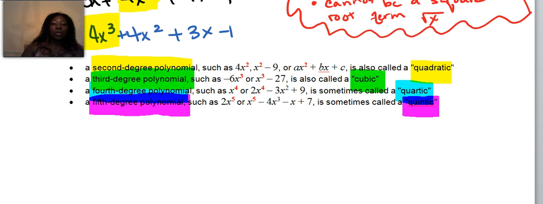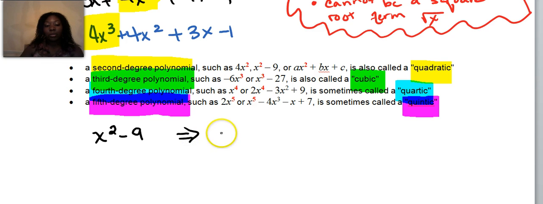All right, and let's learn these by number of terms. Let's start with two. A two-term polynomial, x squared minus 9, is a binomial. And more specifically, this is a quadratic binomial.